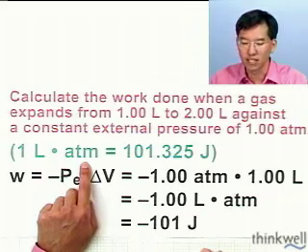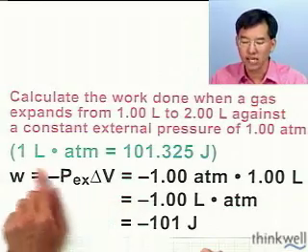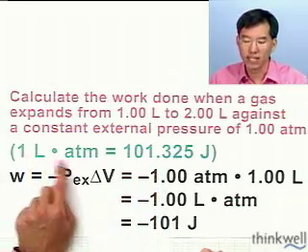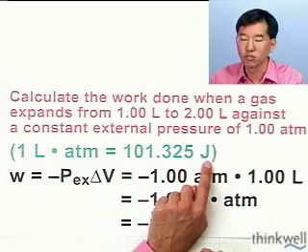And in order to get the units to work out, remember the units of energy are joules, but the units of volume are liters and the units of pressure are atmospheres. And so we need a conversion factor that gets us from liter atmospheres to joules, and that conversion factor is 1 liter atmosphere is equal to 101.325 joules.